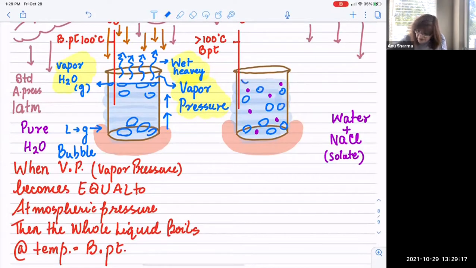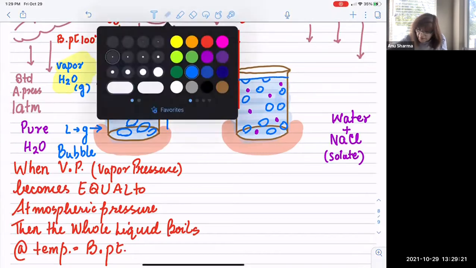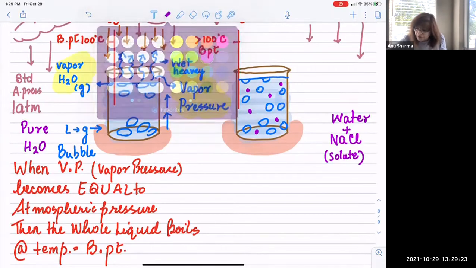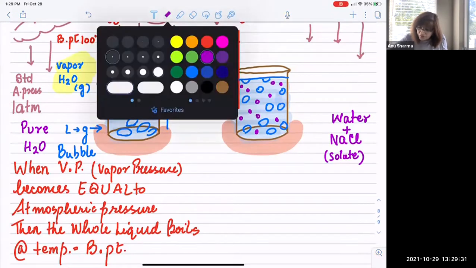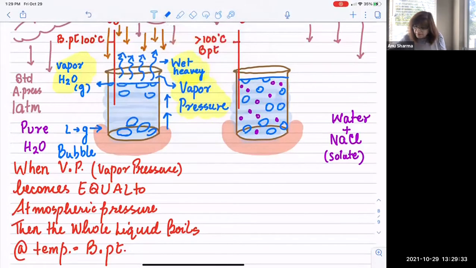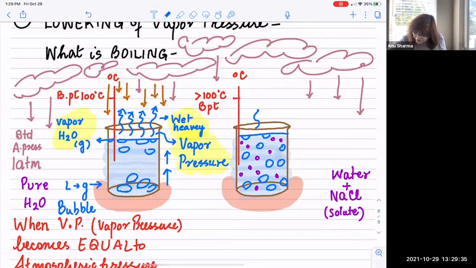They're going to collect at the top, but these solute particles are going to prevent them from leaving. So the solute particles get in the way of the bubbles. Some vapors will leave slowly. It's a slow process.